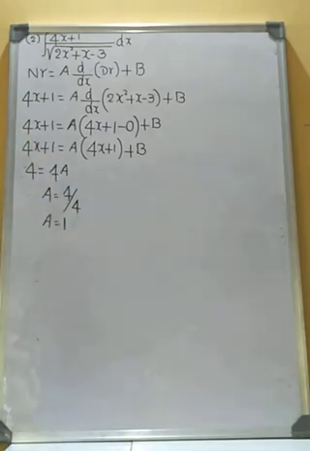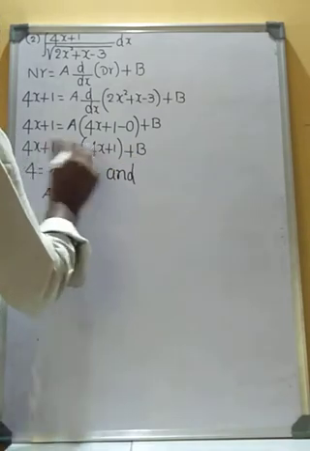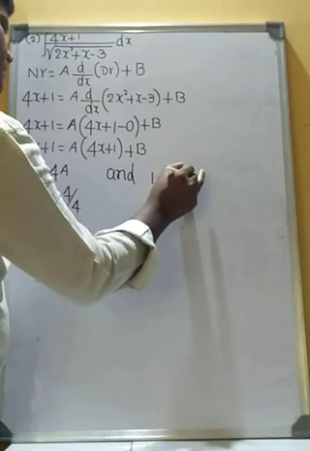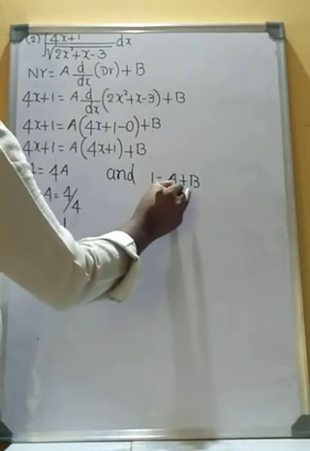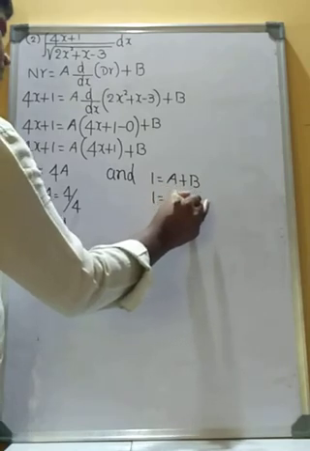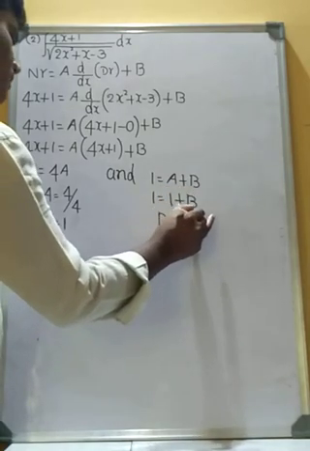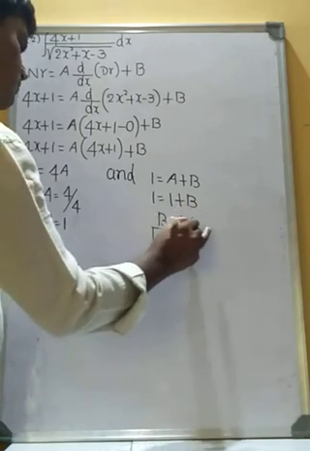Constant terms: left hand side 1, right hand side a plus b. What is a? 1 plus b. Therefore b equals 1 minus 1, so b equals 0.